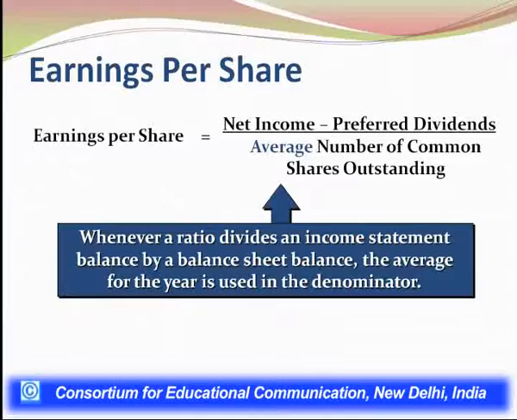It shows that we can calculate EPS by dividing the income available to equity shareholders by the average number of common shares outstanding.